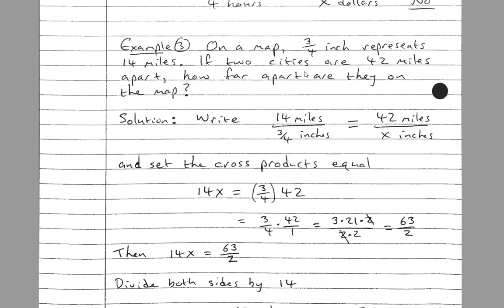In the second sentence, it's the same map, so the same scale. These are equal. 42 miles in the real world, how does that compare with inches on the map? We're looking for how many inches they're apart, so that's the x.